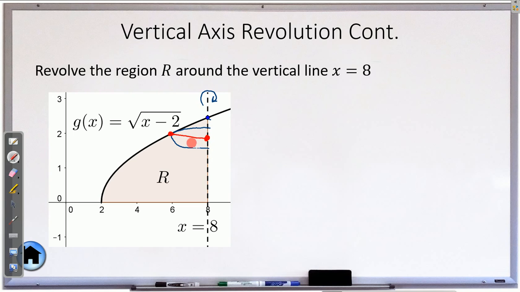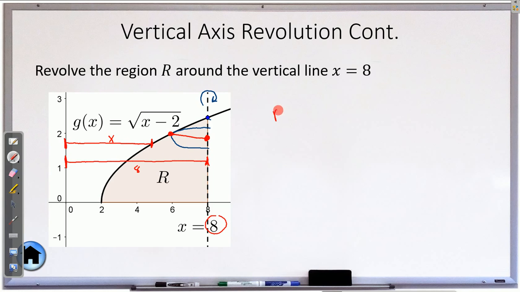This gets a little tricky. Well, we don't know. What we do know is the distance from here all the way to here is always going to be 8. And we have a way to represent the distance from here to the function. That is our x value. So we want what's left over right here. So as always, we're going to do big minus small.